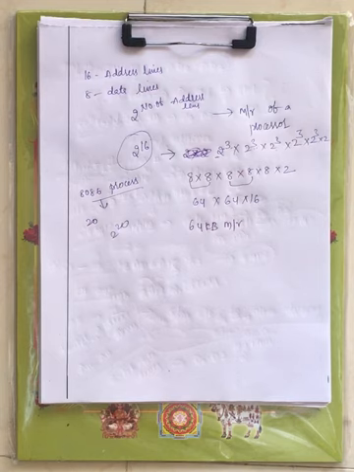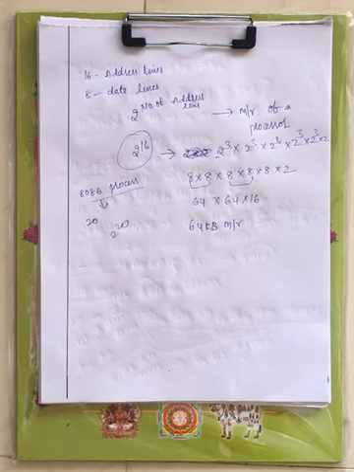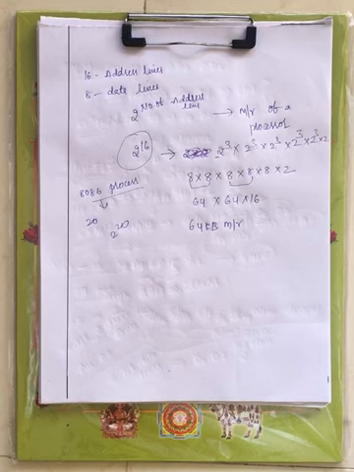Remember one point here: address lines are 16 for the 8085 and data lines are 8 for the 8085. 2 power number of address lines will give the memory of a processor.